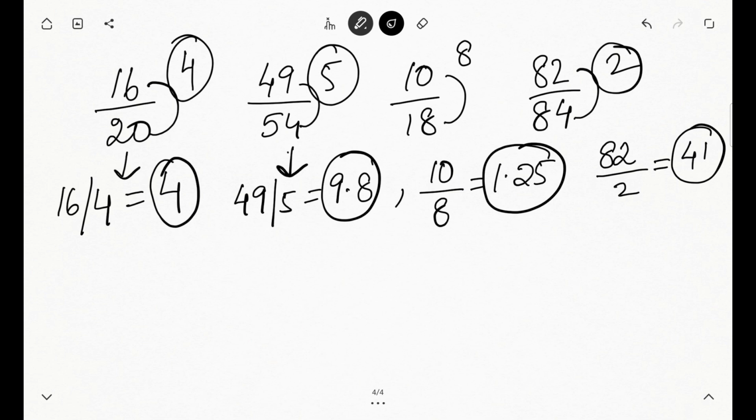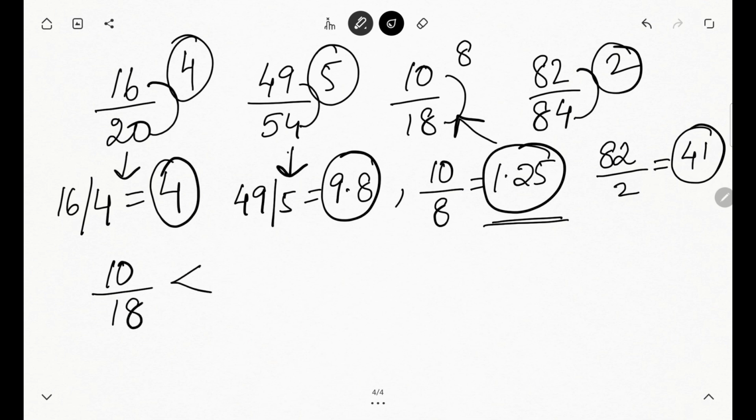The minimum quotient corresponds to the smallest fraction. So as 1.25 is smallest, the smallest fraction is 10 by 18.